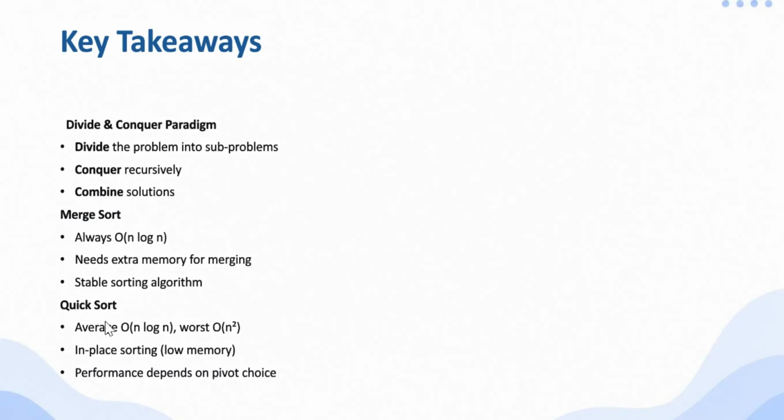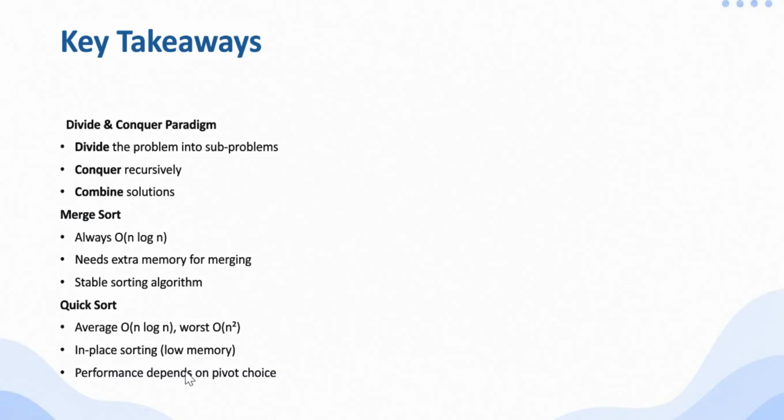And for quick sort, the average time complexity is O(n log n), making it one of the fastest sorting algorithms in practice. However, its worst-case complexity is O(n squared) if poor pivot choices are made, right? Its biggest advantage is that it sorts in place and requires very little extra memory.